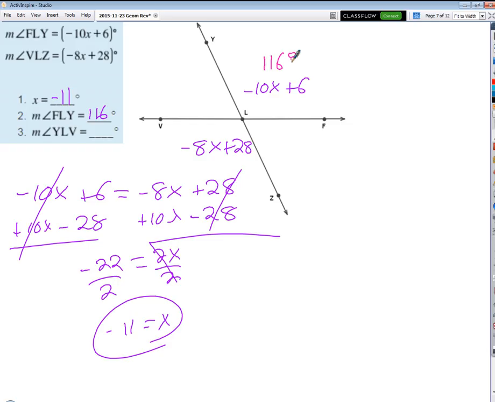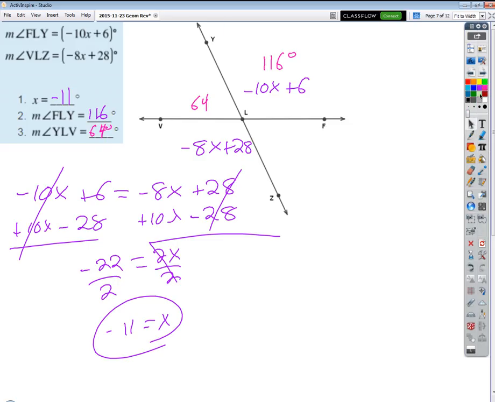Exactly. We know that these are a linear pair, and so their measures add to 180, don't they? So 180 minus 116 would just be, what, 64? Or, is that right, 64? Yep. So we get 64 degrees, and we're done. That's it. Very good.